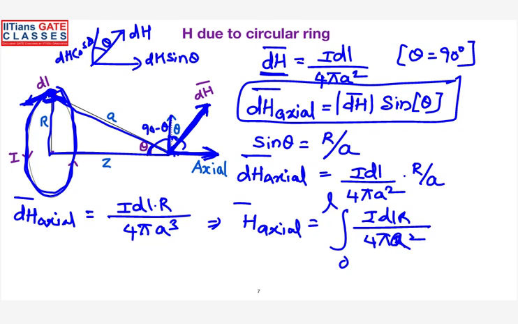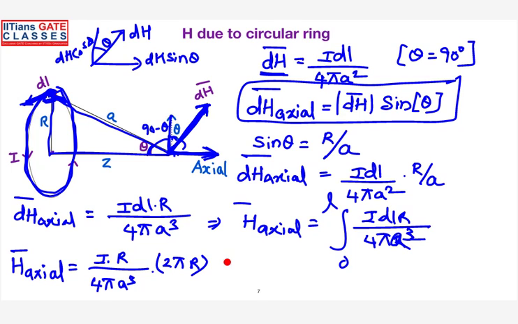So the total circumference when you are calculating the axial magnetic field is 2 pi r. So I into r divided by 4 pi a cube, into the closed line integral along a circle, which becomes 2 pi r. So what you will get right now is I into r square divided by 2 into a cube.